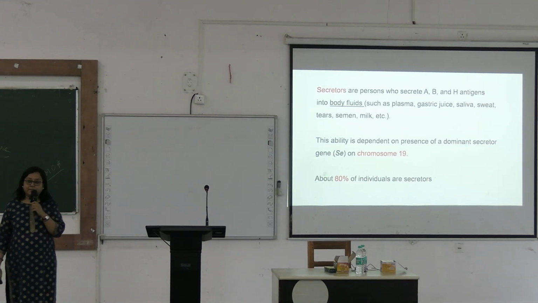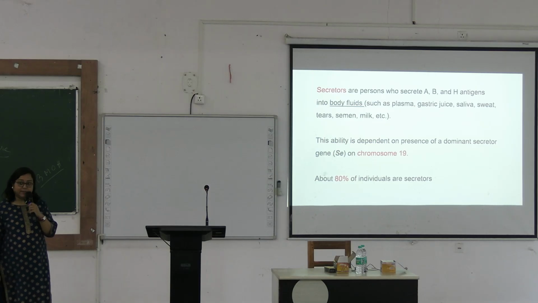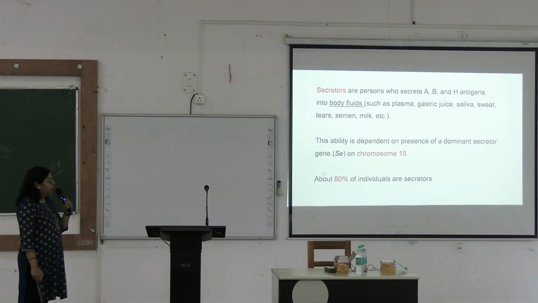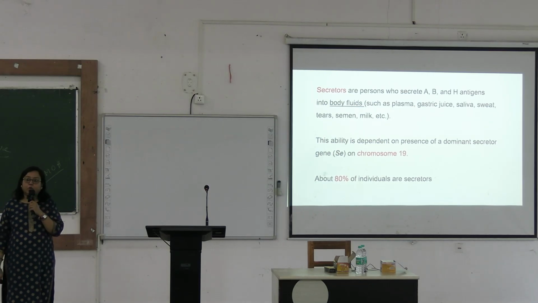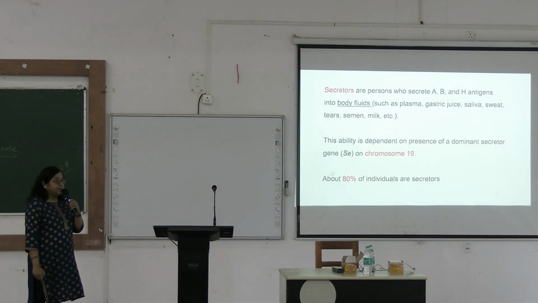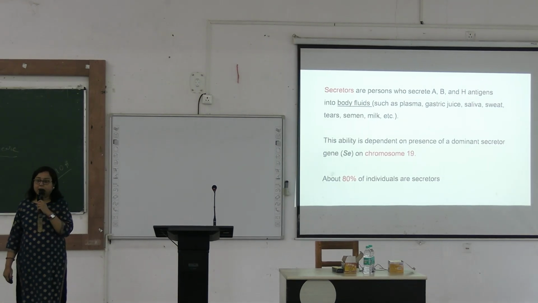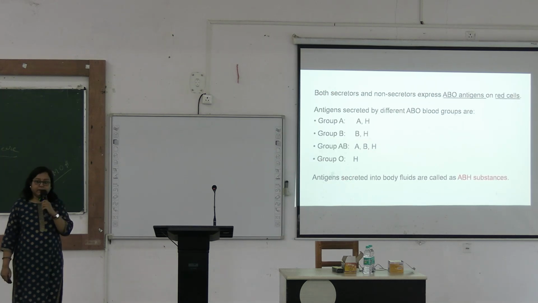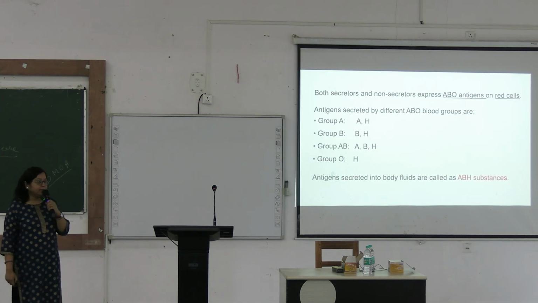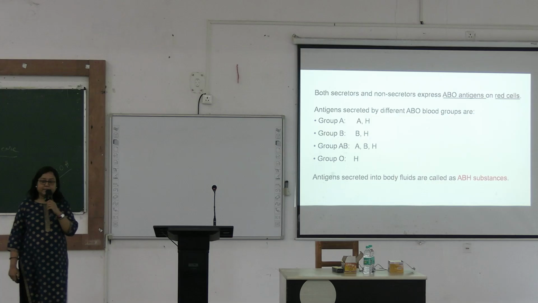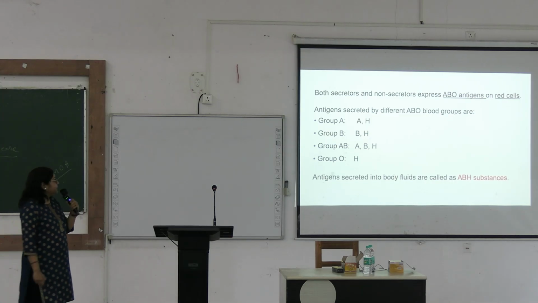This ability of secretors is due to the presence of a dominant secretor gene which is present on chromosome 19. 80% of individuals are secretors. Both secretors and non-secretors express ABO antigens on the red cells.